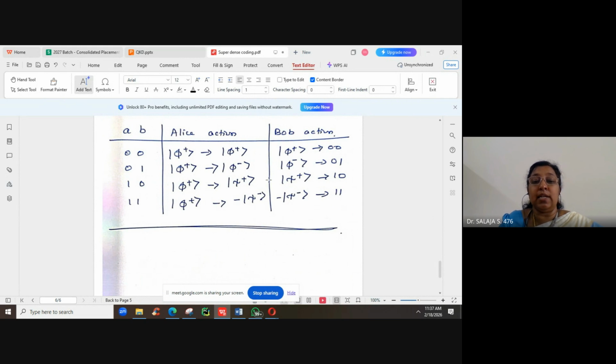And the Bell states will be received on Bob's side, which is the receiver side, and they perform a controlled NOT operation and a Hadamard operation, resulting in, along with the classical state measurements, the values 00, 01, 10, 11. So this is all about super dense coding.